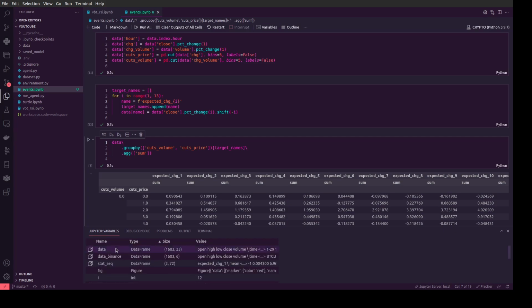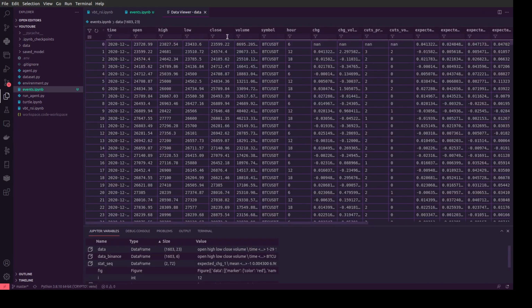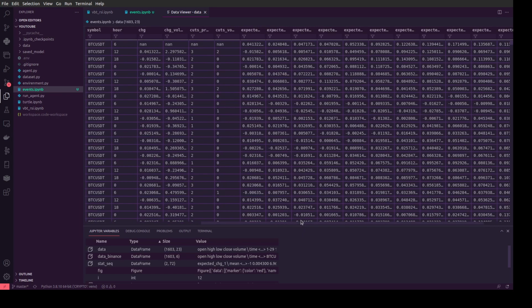Okay, and here is our data frame with our predictors, and the expected price change after 1 bar, after 2 bars, after 3 bars, and we have those 12 columns, and we have some combination of these predictors and how it influences the price.